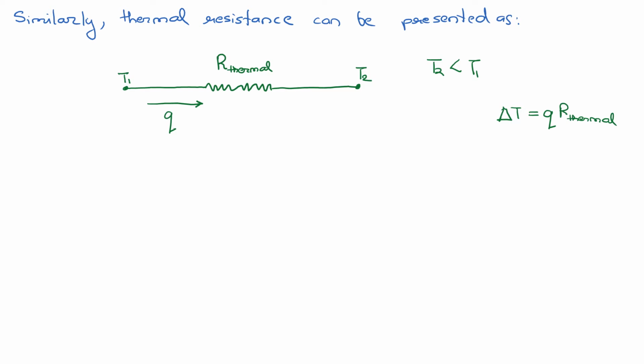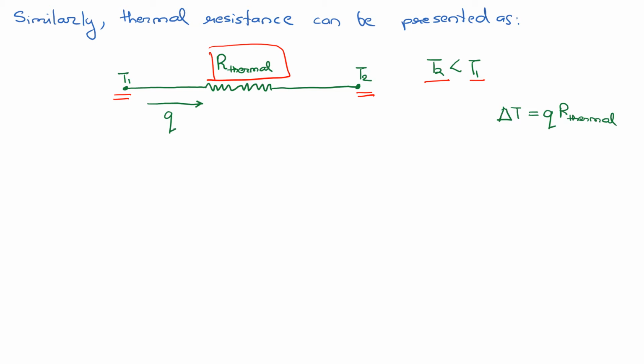So let's say you have a certain body or a certain scenario where you have two locations at different temperatures, T2 and T1, and T1 is greater than T2. Now we know that heat always flows from a higher temperature to a lower temperature. So T1 has to be greater than T2, which is the case in the scenario, and there is some resistance or thermal resistance between these two temperatures.